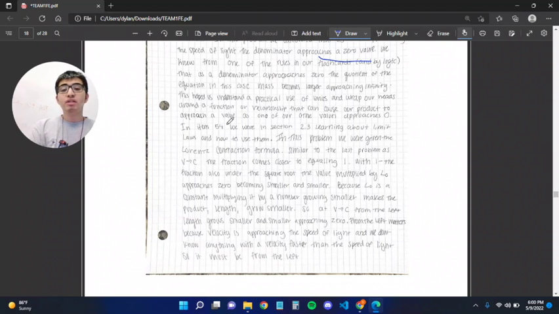So as we're getting closer to c, the length goes smaller and smaller as it approaches 0.